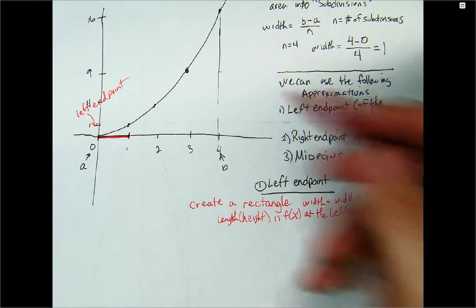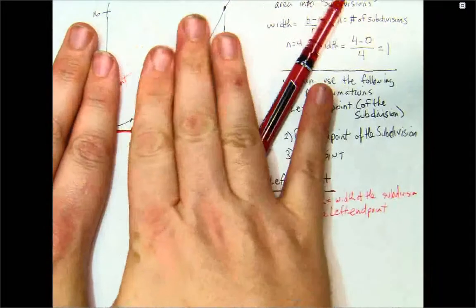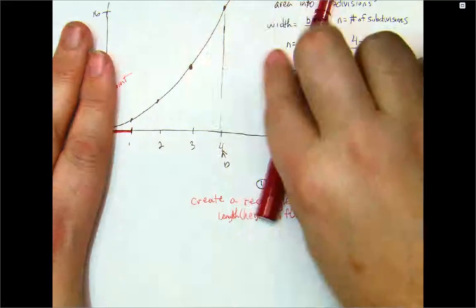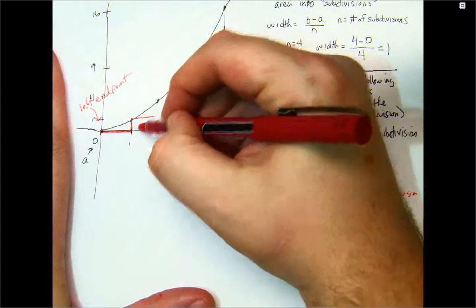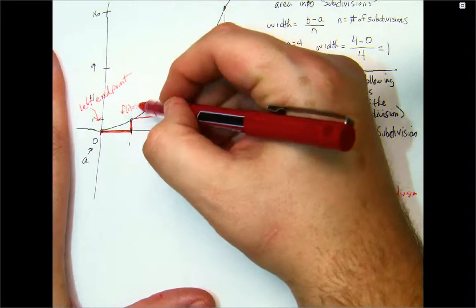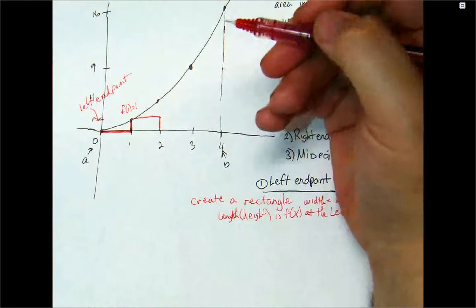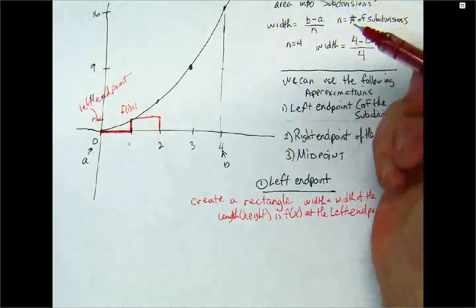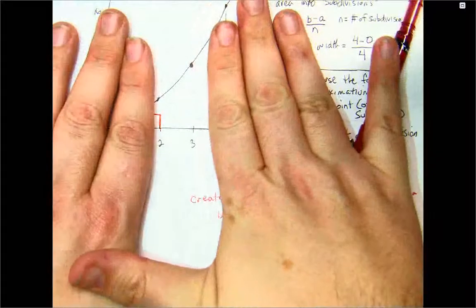So now we go to our second interval, which is from 1 to 2. What's the left endpoint of 1 and 2? 1. So I'm going to draw my rectangle that went up to f of 1, which was equal to 1, and then I go to 2 like this. Now, if I'm going from 2 to 3, what's the left endpoint? 2.